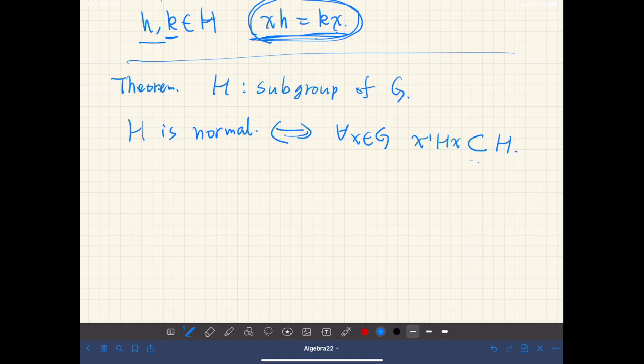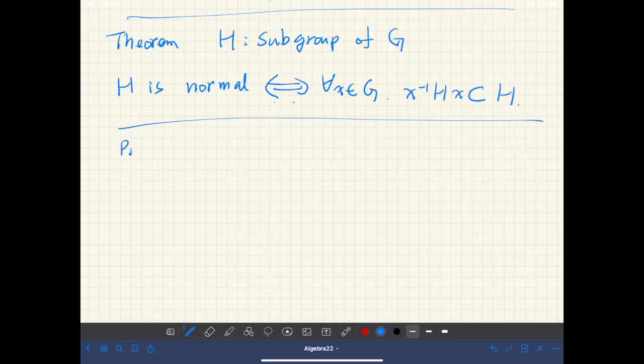Okay, so this is a theorem. So let's prove this. Since this is an if and only if statement, we have to prove both directions. And first, let's prove the only if part. So suppose H is normal.